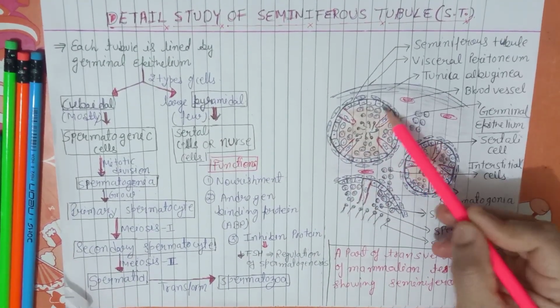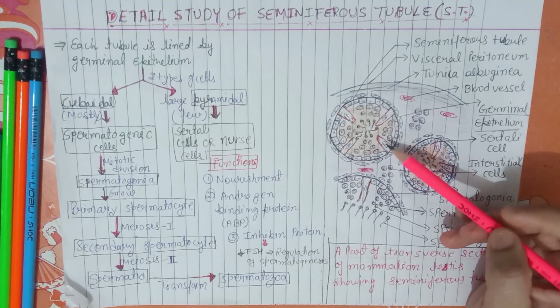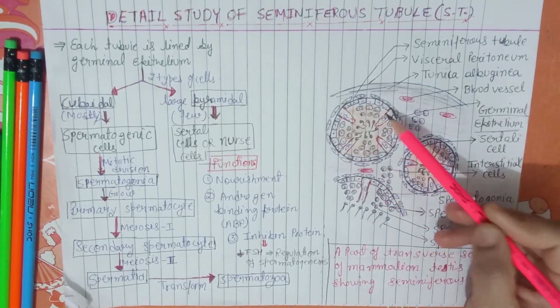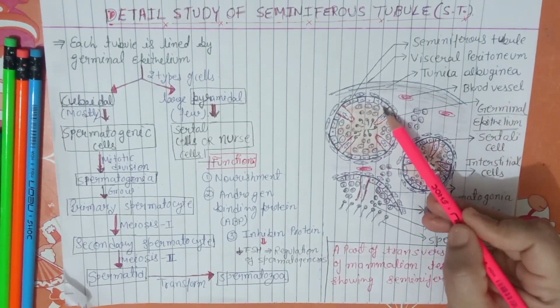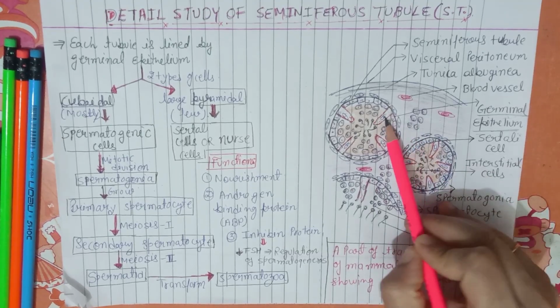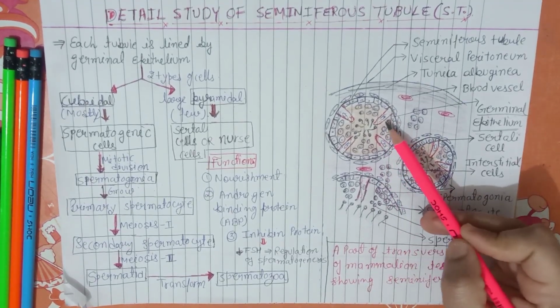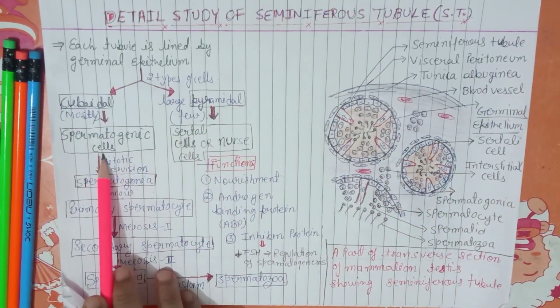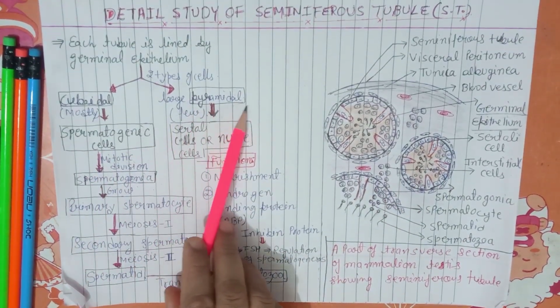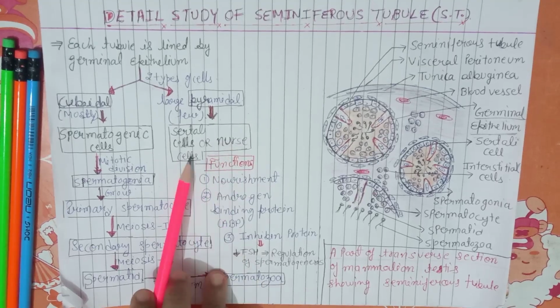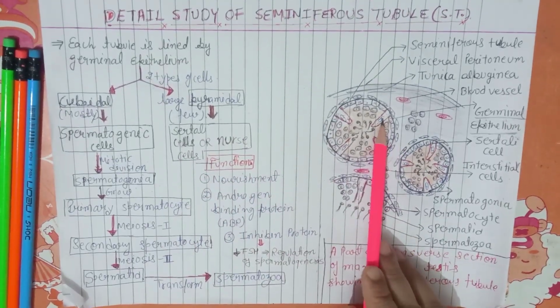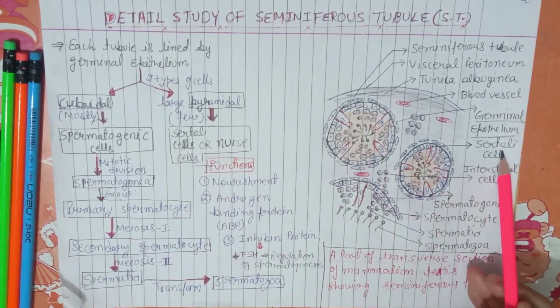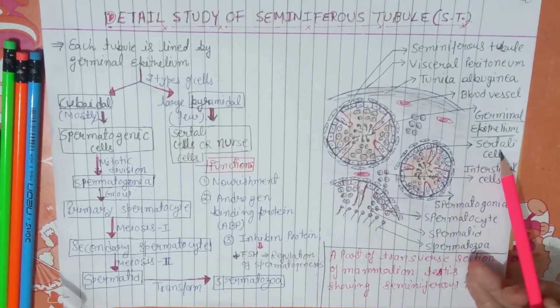So generally the seminiferous tubule, which is lined by the germinal epithelium, has two types of cells: one is cuboidal and another one is pyramidal. These cuboidal cells are known as the spermatogenic cells, whereas the pyramidal cells are known as the Sertoli cells or the nurse cells.